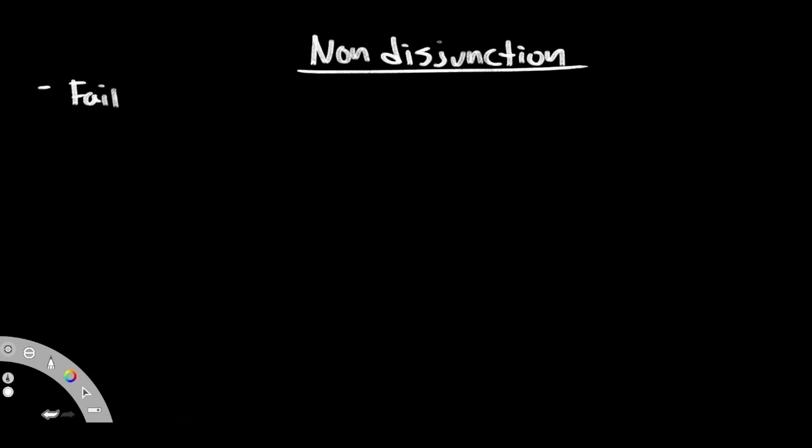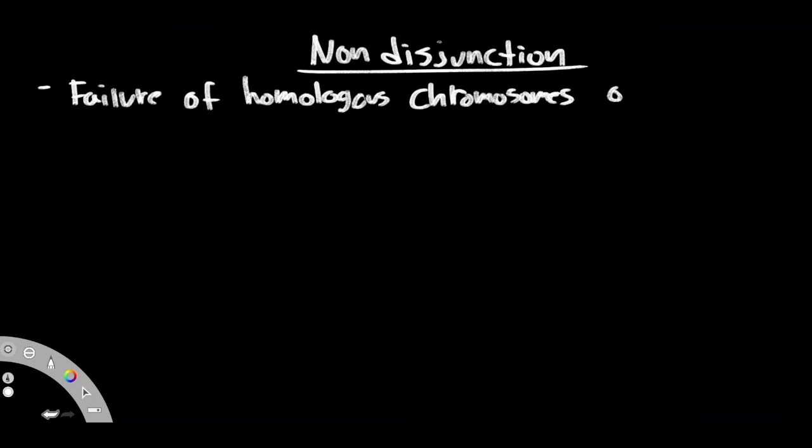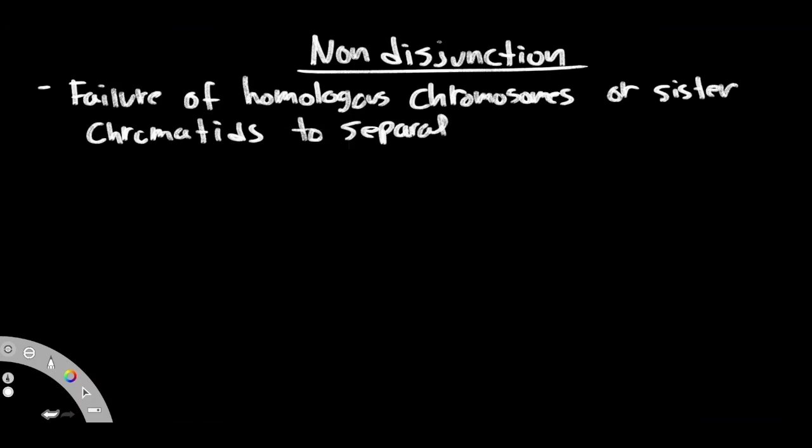So it's the failure of either the homologous chromosomes or the sister chromatids that are attached to that centromere in the middle to separate properly. It can happen during meiosis 1 or meiosis 2 actually. So let's look at the case of meiosis 1.